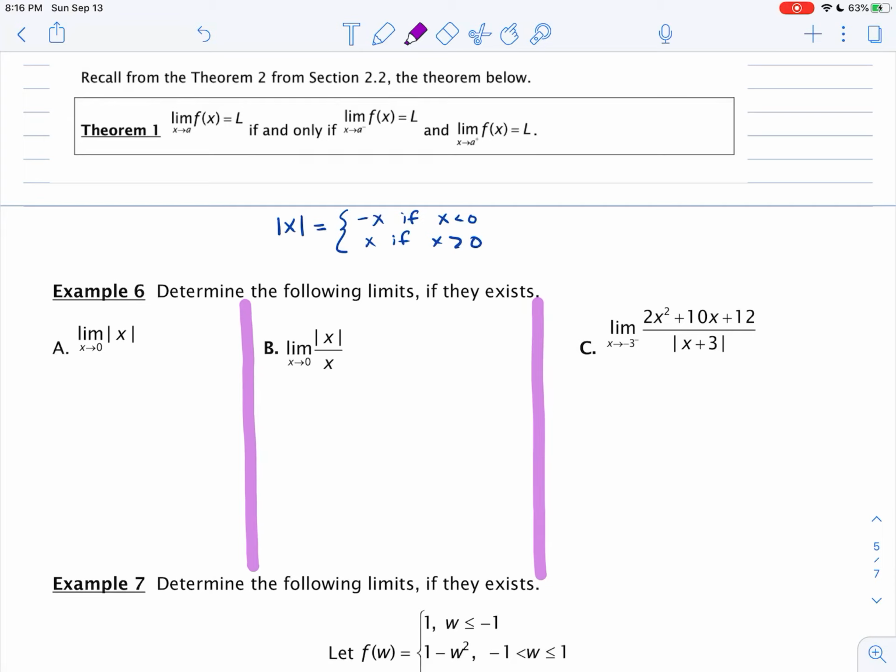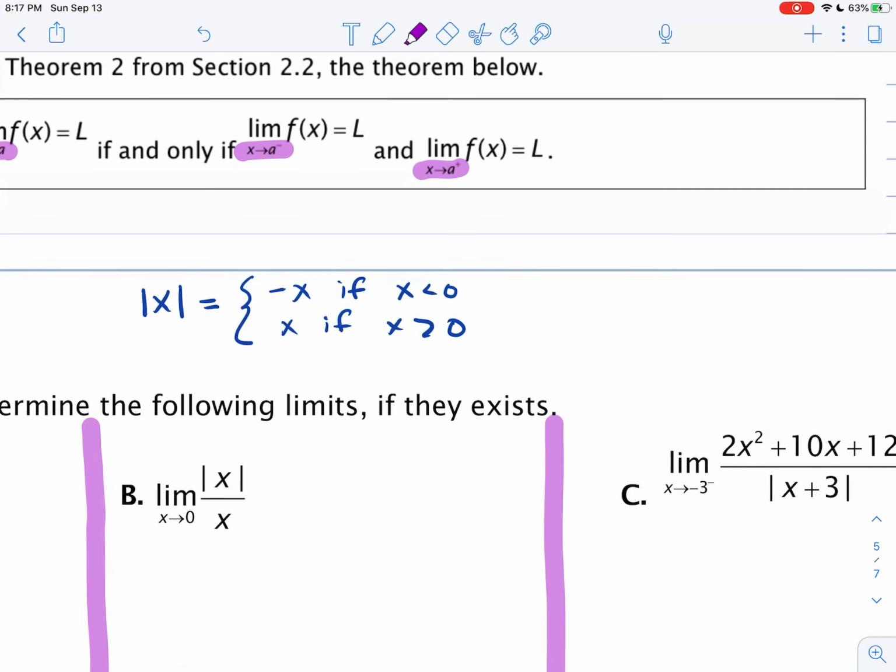So recall from section 2.2, when we introduced the limit of a function, that the two-sided limit, the limit of a function as x approaches a, is equal to L if and only if the limit as x approaches a from the left of f of x equals L, and the limit as x approaches a from the right of f of x also equals L. Otherwise, the limit will not exist.